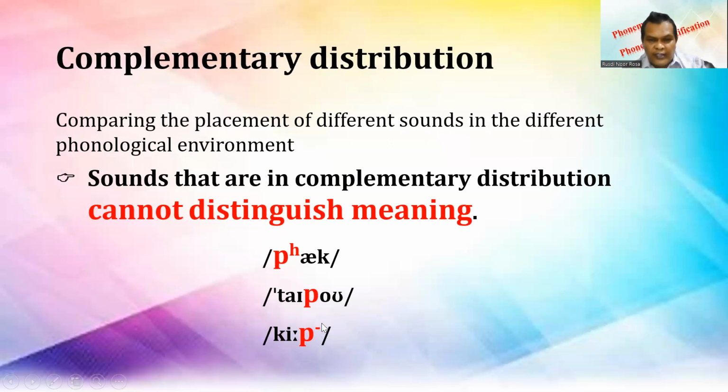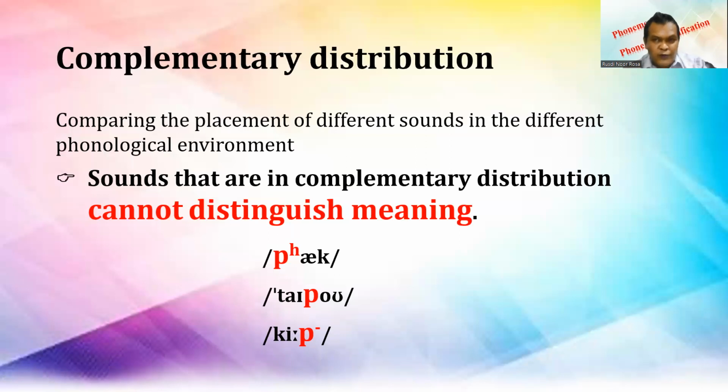So this is the symbol of unreleased. Remember that the nature of p is released because you have to release it. However, when it is placed in the final syllable, you should not release it. So this one is called unreleased p. So we pronounce this keep, not keep, but keep.